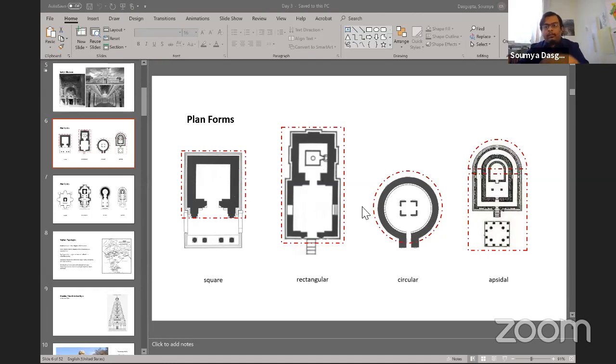The kind of exercise that we're interested in doing is that we will have, let's say, an A2 layout in landscape, where you use one of these plan forms, one of these basic geometric shapes. You build a narrative around it, and that narrative might be inspired by the examples that you saw today, something you might have encountered earlier in your life.